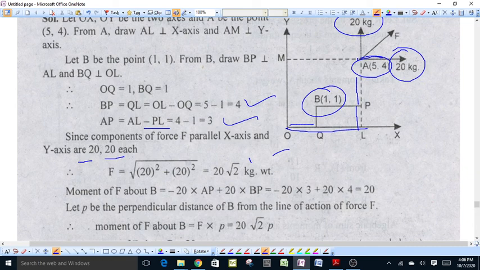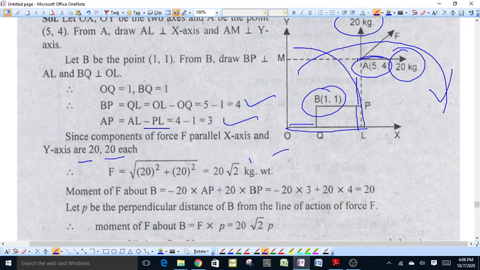Now the moment of force F about B will be equal to the moment of the x component of the force, acting on point (5, 4), about the point B. This moment will be of clockwise sense, therefore we have taken it as negative: minus 20 into AP, plus the moment of the vertical component, which is also equal to 20 kg.